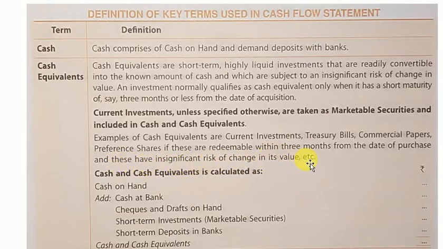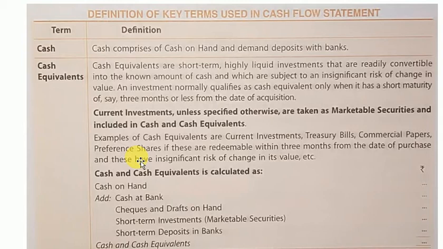So this has to be taken care of. And all these terms, treasury bills, commercial papers, preference shares, you have studied in business studies last year in class 11, as well as in class 12 when you're going through the chapter called business finance and financial market, you have come across these terms. So I need not go into detail of these current investments examples.